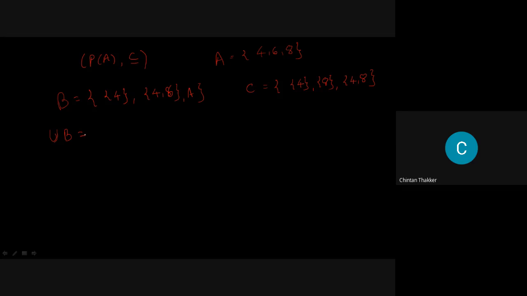We are not finding the lower bound. In lower bound, we find that set which is a subset of these three sets given in B. Here we find the set such that these three are subsets of that set.